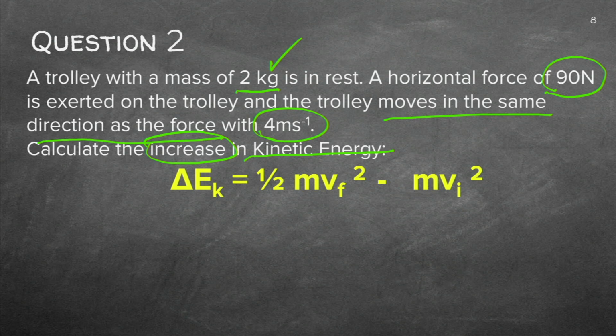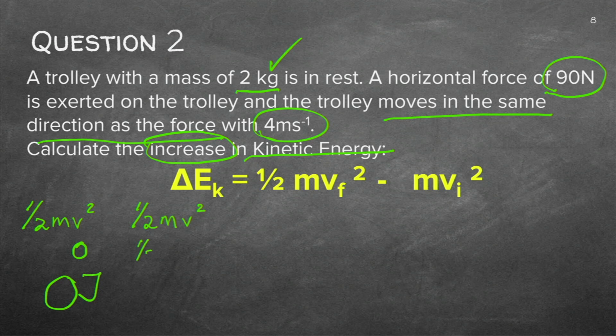Now, you could have said in the beginning, it had no velocity. So that would have been 0 joules. And you could have calculated what it would be moving at 4 meters per second, squared. Can you see? I could have done that and got 16 joules.